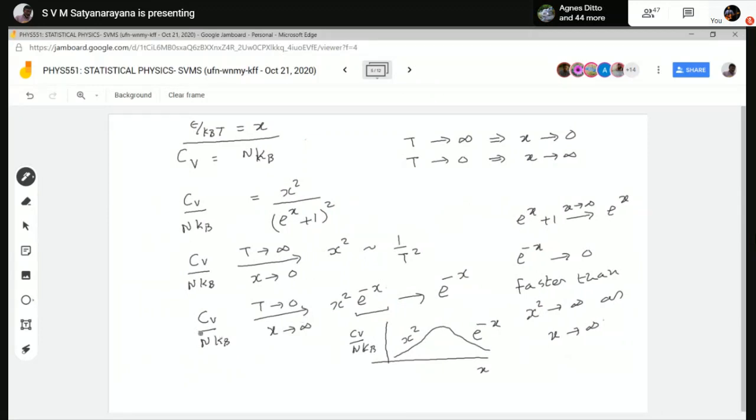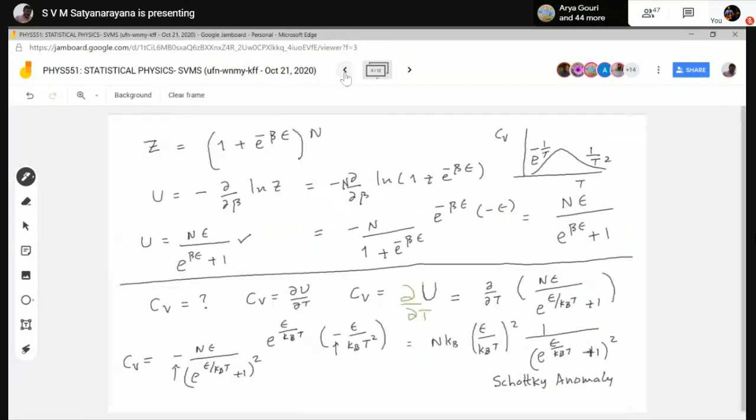It goes like e to the minus x and x squared. If you translate this into the temperature behavior, the high temperature region will go like 1 by T squared, and the low temperature region will go like e to the power minus 1 by T. And this is the Schottky peak that we have.